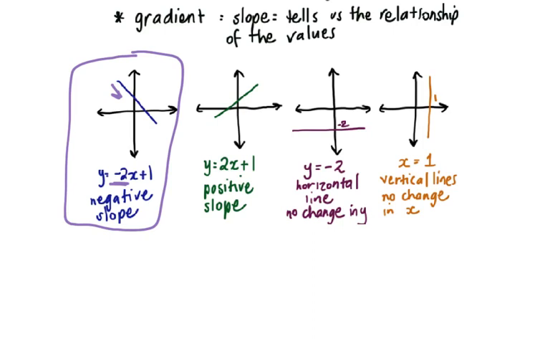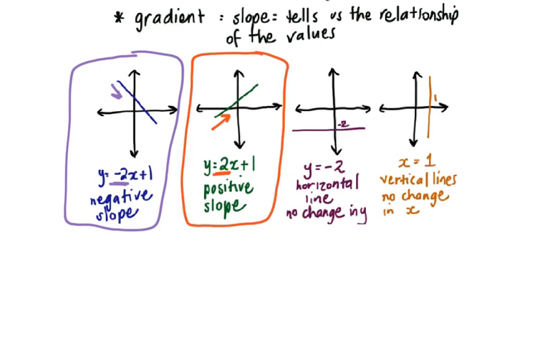And we can see that because of the angle at which the line is at, and it's actually moving downwards, but also the fact that in the equation, the coefficient is a negative number. If we go across to the next one, it looks really similar, but it's angled differently. And we can see that the values are actually going up. And in the equation, the coefficient is positive. So this is a positive slope or a positive gradient.